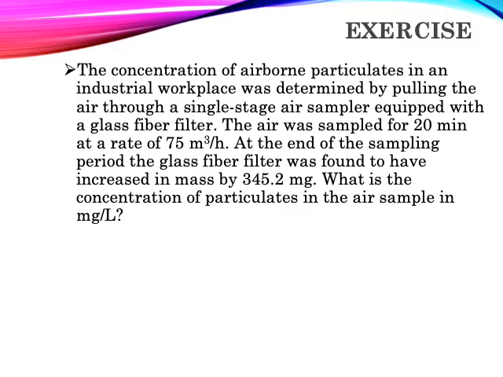Now at the end of the sample period, the glass fiber filter was found to have increased in mass by about 345.2 milligram. Now the question wants you to find the concentration of particulates in the air sample in terms of milligram per liter or also ppm. Okay, these are the important information that you need to focus on.